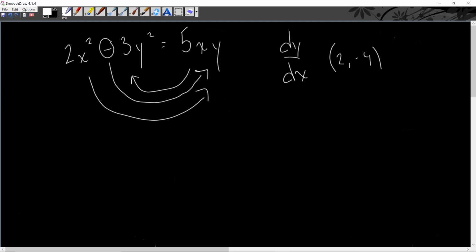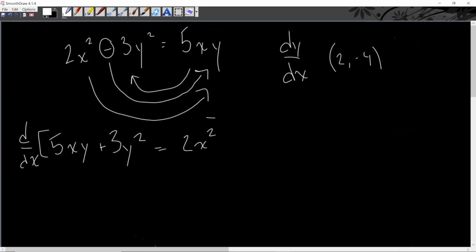But since I said we should always keep our y's on the left hand and our x's on the right hand, we can just flip this in our minds to 5xy plus 3y squared is equal to 2x squared. Alright, and now we will simply do d dx of all of this.